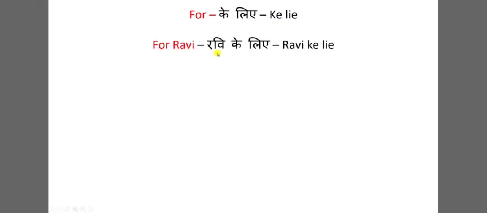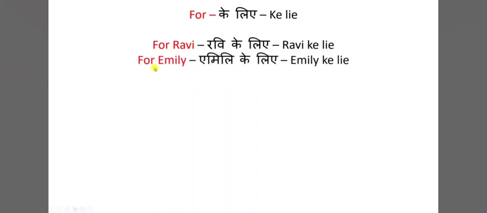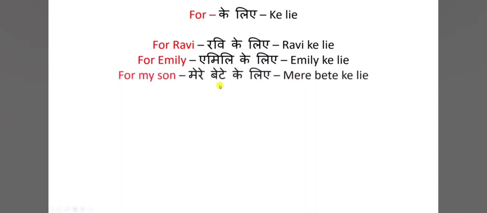For Ravi is Ravi ke liye. For Emily is Emily के लिए. For my son is मेरे बेटे के लिए. के लिए is postposition, and so these are in oblique form.